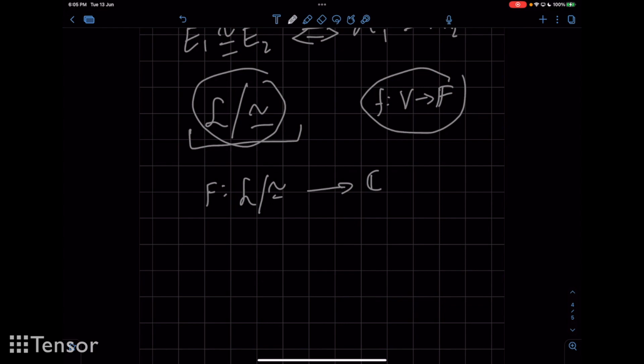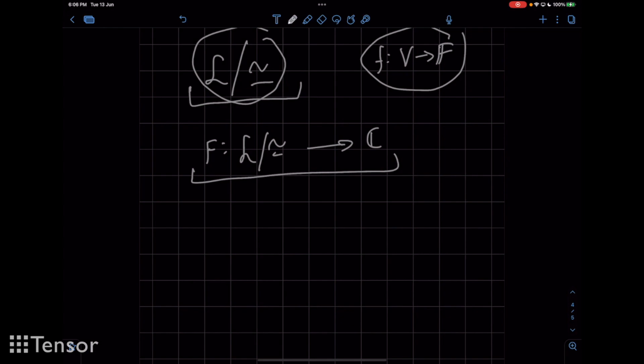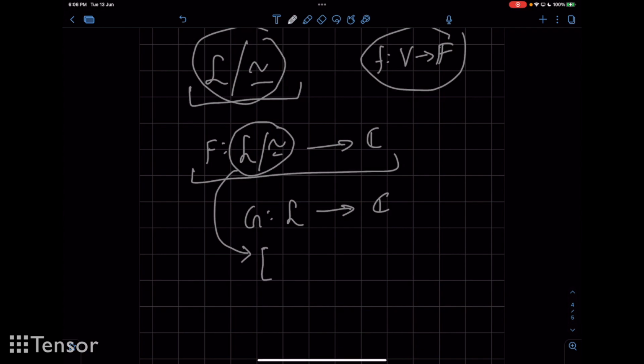The set of all those linear maps is called the dual space. So that works as a motivating example here. We can consider functions like this, and all of these functions give rise to another function, because the elements of this set are equivalence classes, and all the members of an equivalence class are mapped to the same element here.